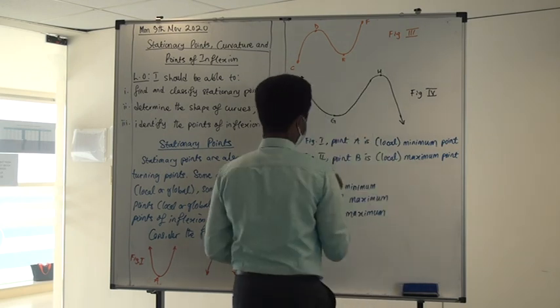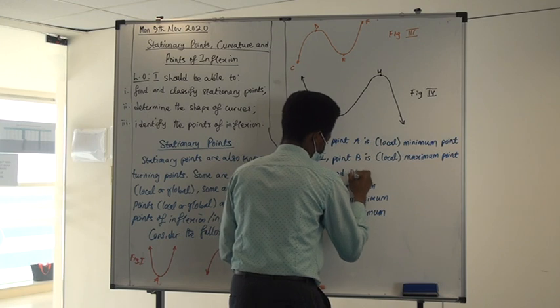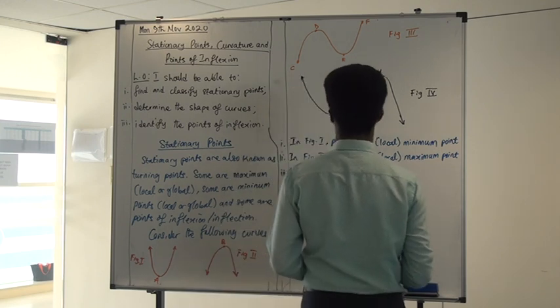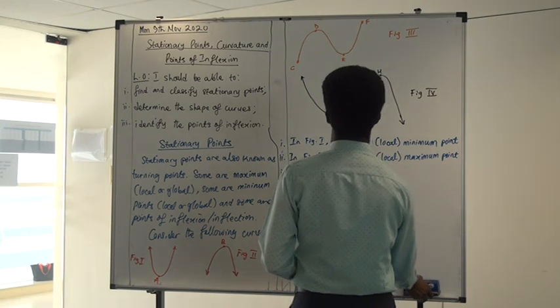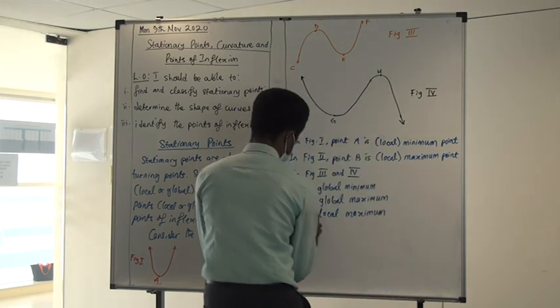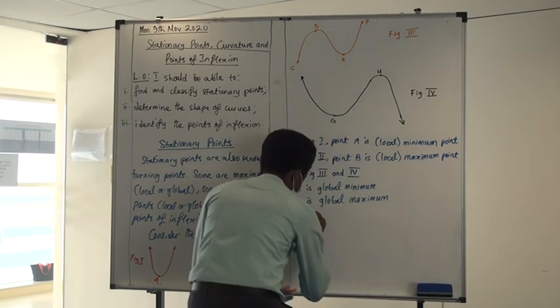Maybe I say 3 and 4 together. Figures 3 and 4. So D and H, just to reduce the writing.